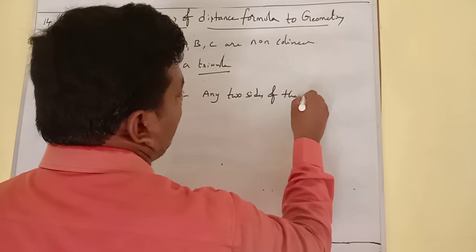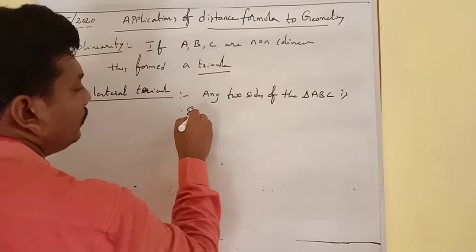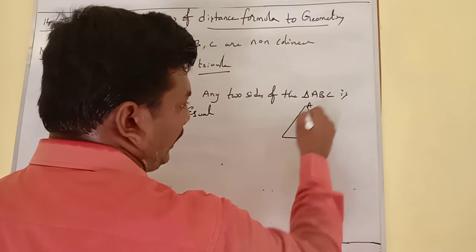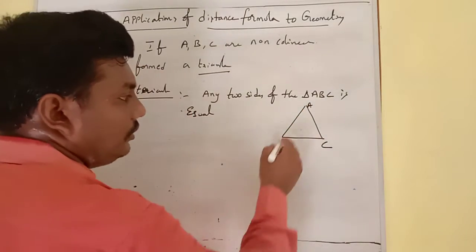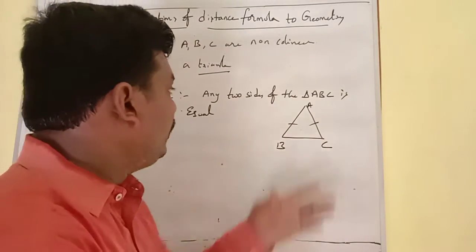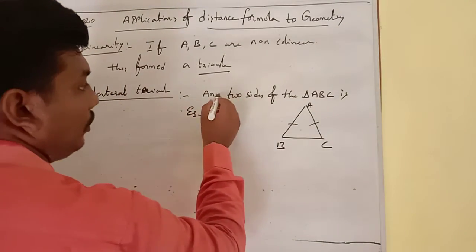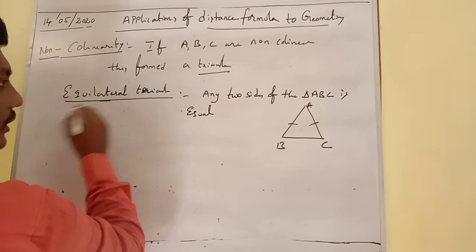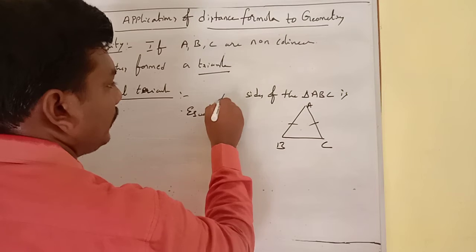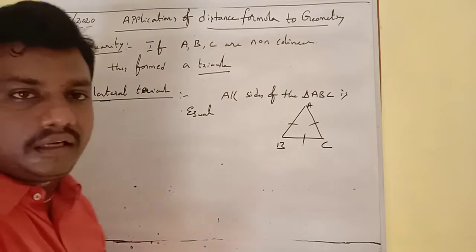If you consider triangle ABC, and any two sides are equal, then it is an isosceles triangle or equilateral triangle. In the case of an equilateral triangle, all the sides of the triangle are equal.